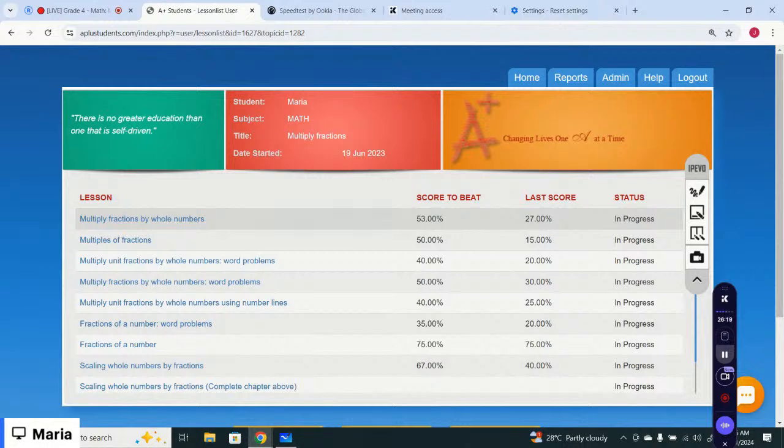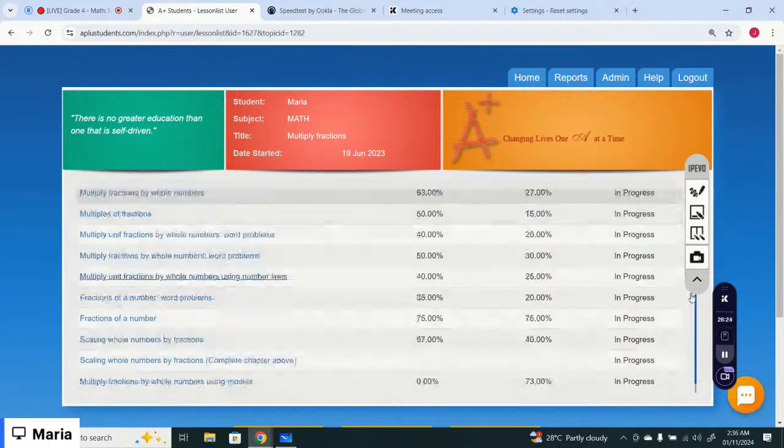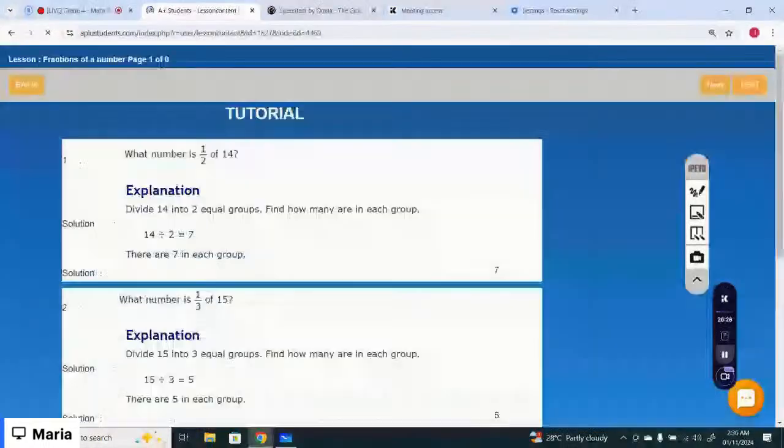The next lesson is scaling whole numbers, fractions of a number. This is the lesson I skipped. Let's just start with the lesson that is fraction of a number. So let's just start with the test questions.